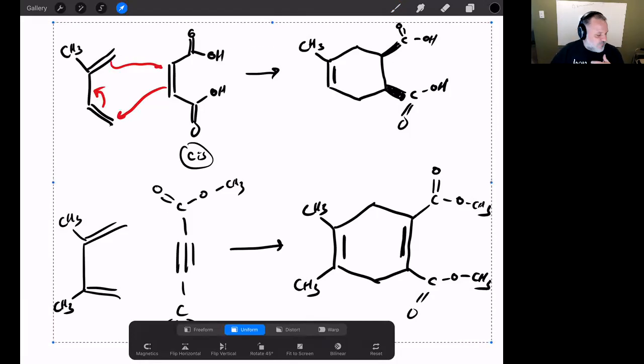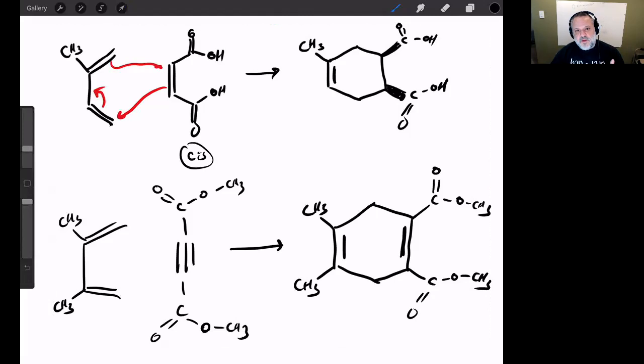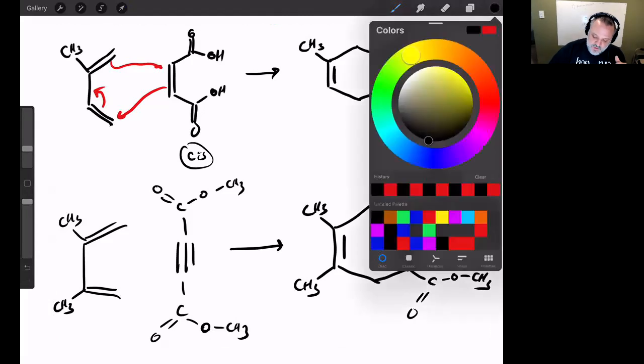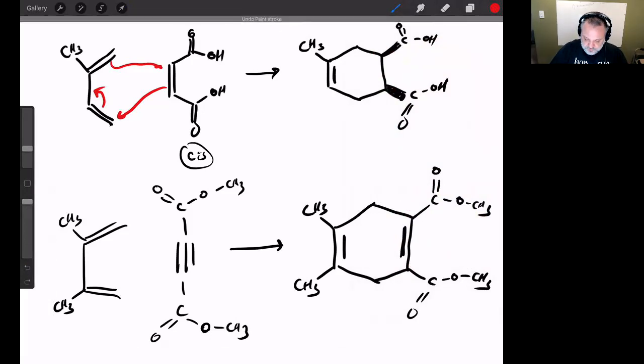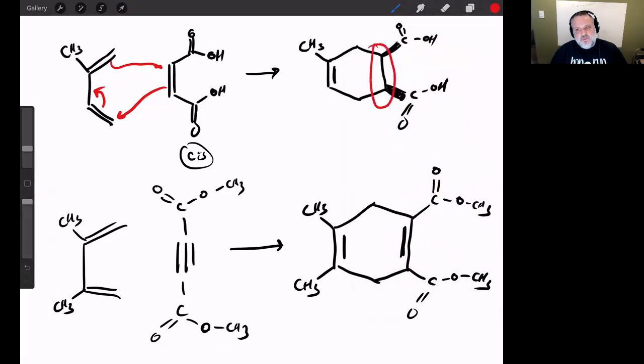Then we talked about the differences in cis and trans dienophiles, talking about whether or not they would produce six-membered rings where the groups that were attached to the dienophile are pointing in the same direction or they're pointing in the opposite direction.